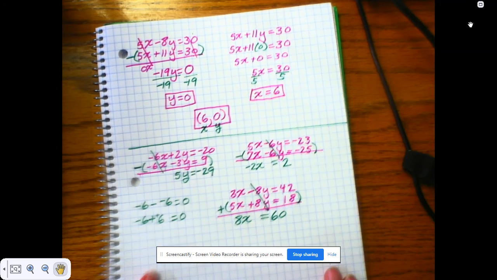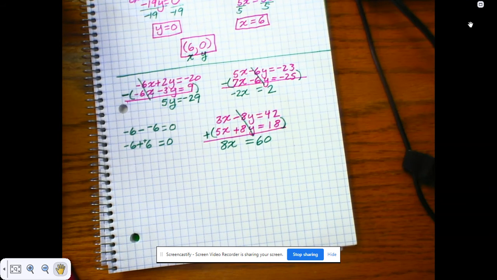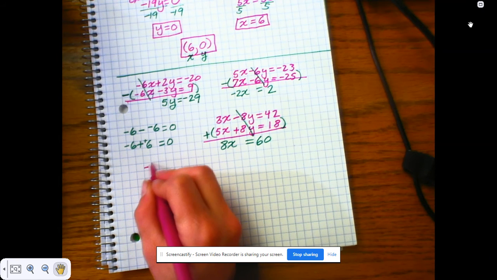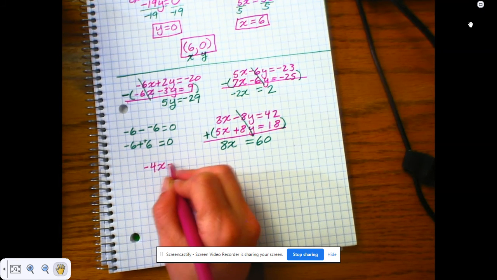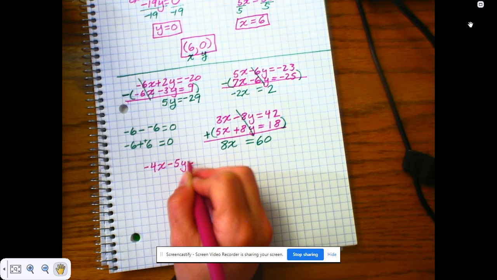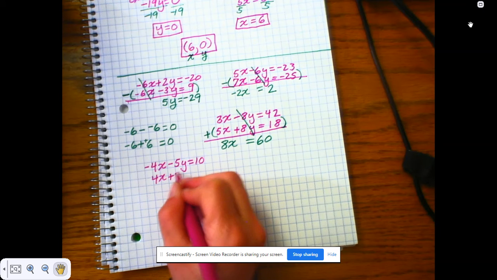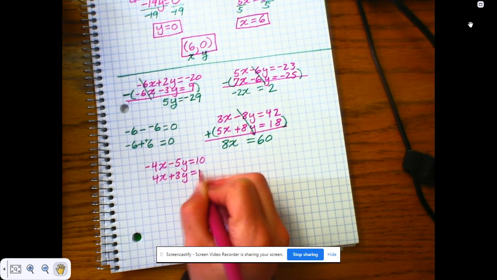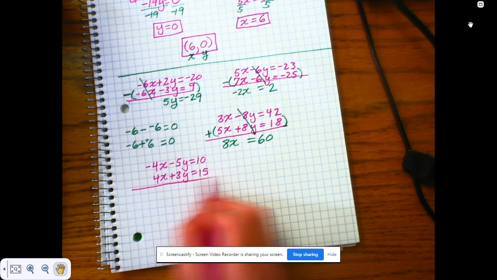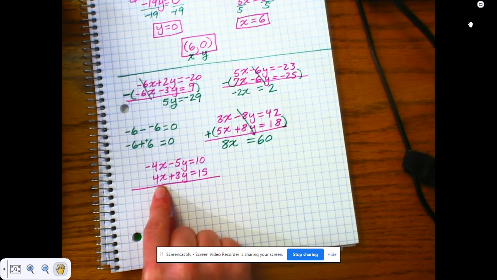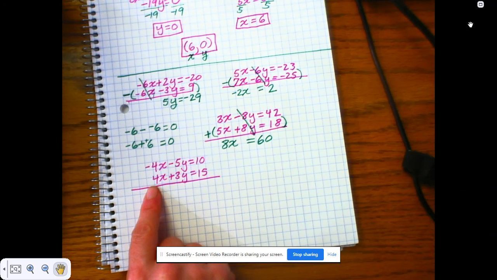I can go through and solve for x, and then plug in to solve for y. Let's take a look at one more equation and see if it's adding or subtracting. Let's say I have -4x minus 5y equals 10, and I have 4x plus 3y equals 15. When I'm looking at this, I see my x's in this case are the ones that have the same number, but one is negative and one is positive.